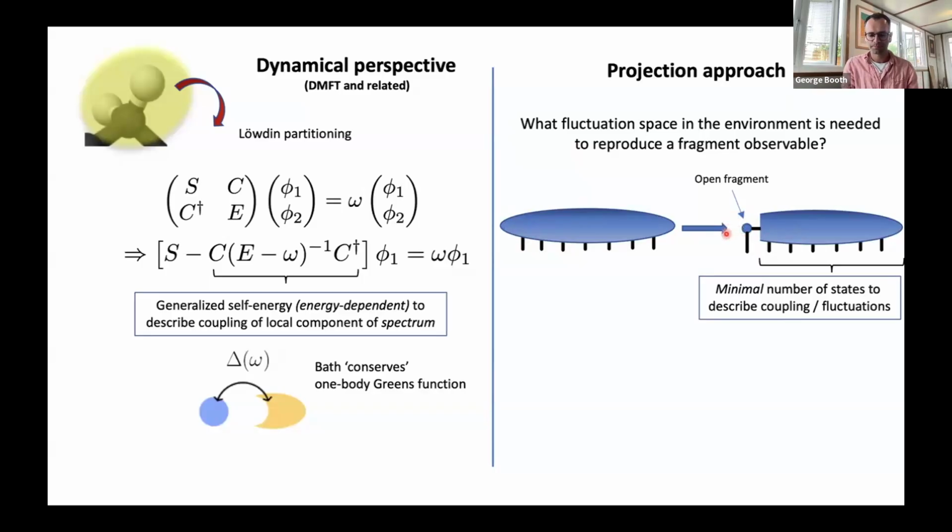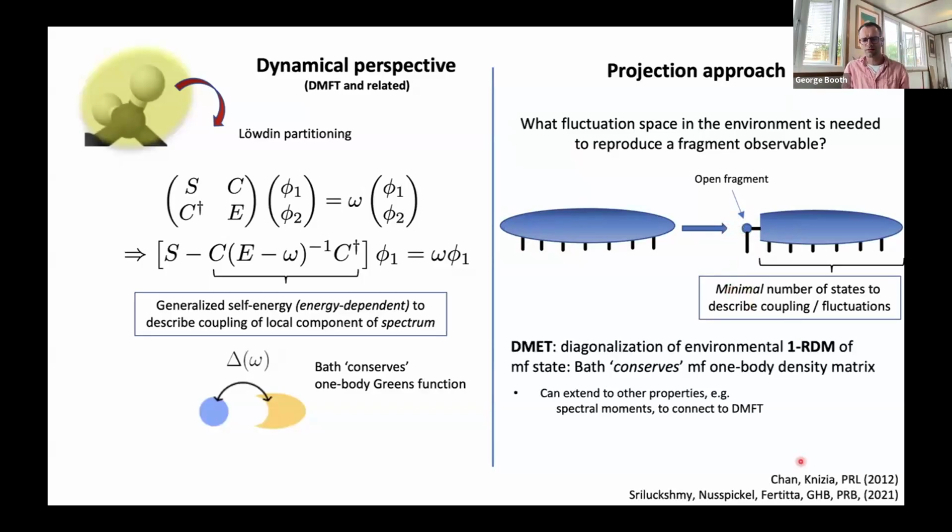over the fragment. However, in 2012, in this paper here, the idea was to say, okay, can we think about a quantum embedding approach now, that instead of looking at the eigenvectors of the n-body density matrix, let's think about the eigenvectors of the environmental part of the one-body density matrix.